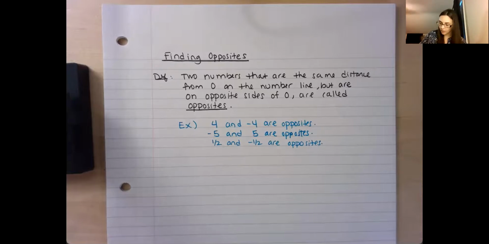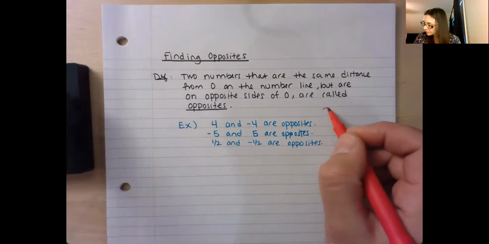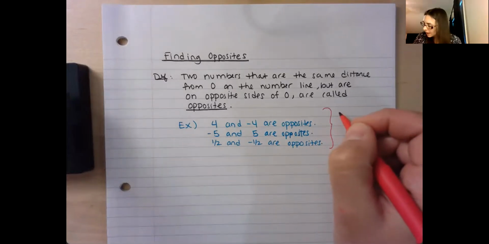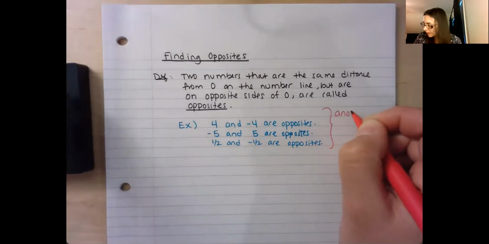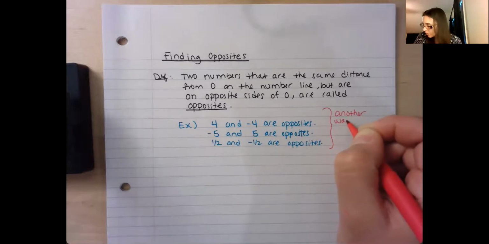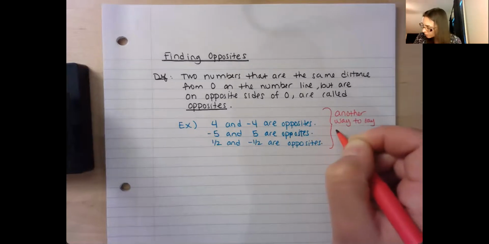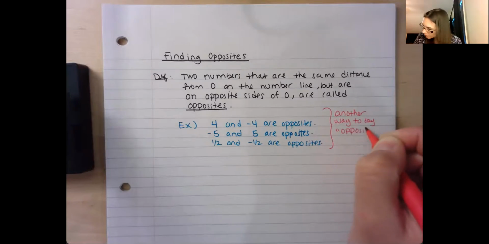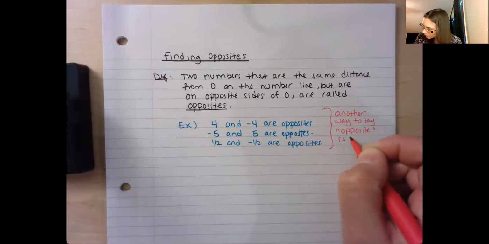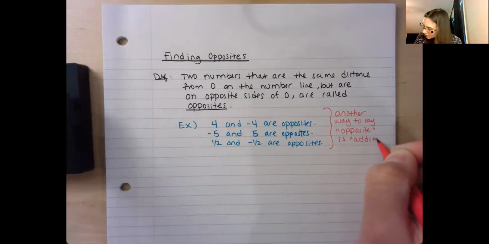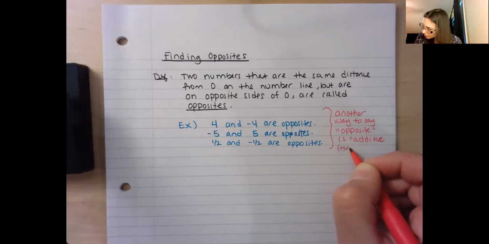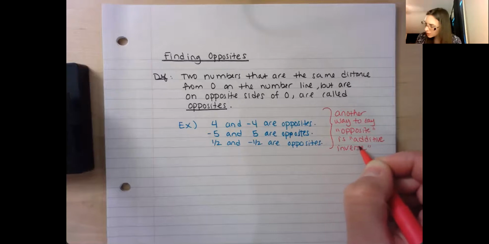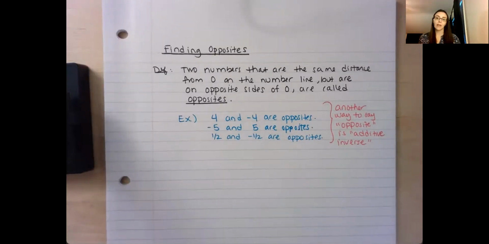Now, one thing to note here is that another phrase is additive inverse. Inverses in math are opposites. There are all different kinds of opposites, right? The opposite of multiplication is division. The opposite of addition is subtraction.